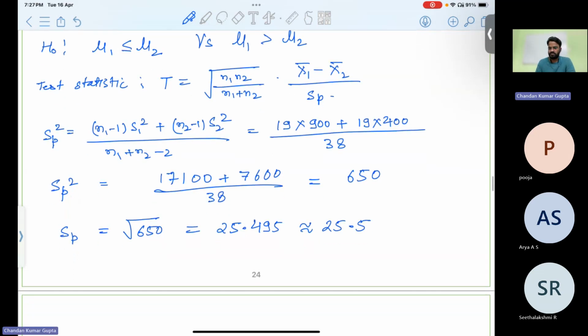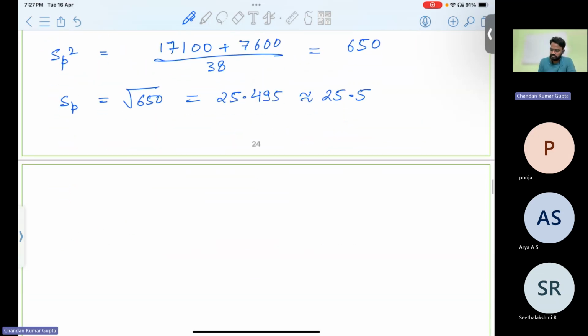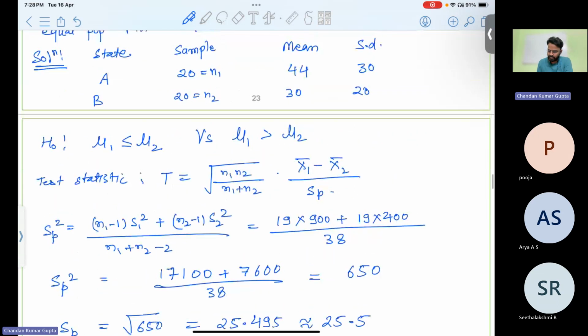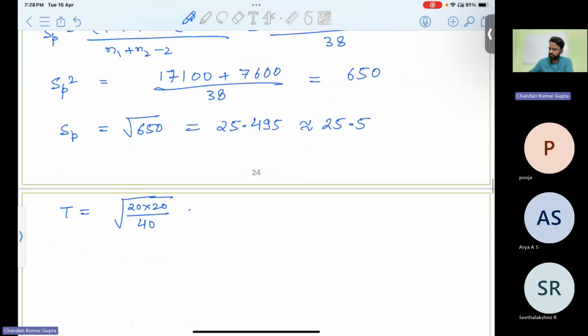Now we are given x1 bar, x2 bar, n1 and n2. So the statistic T is the square root of n1 into n2 upon n1 plus n2, times x1 bar minus x2 bar, which is 44 minus 30, upon sp, which is 25.495 or 25.5.